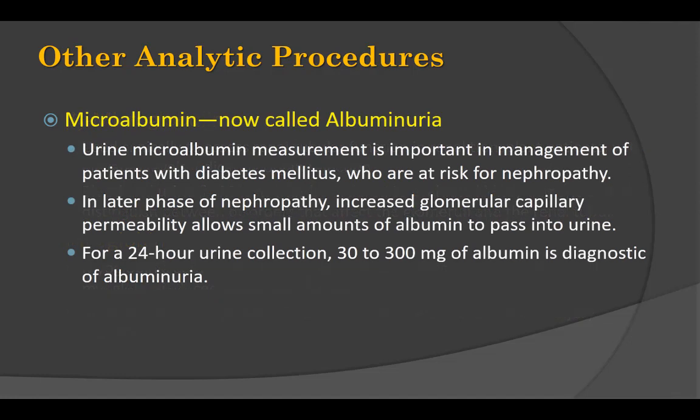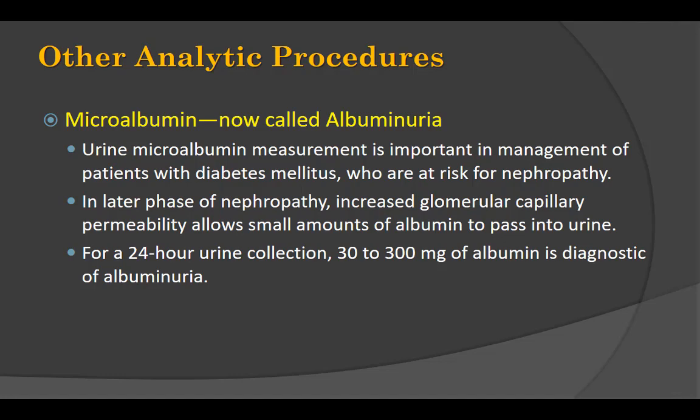Now, another test which is commonly used is called microalbuminuria. Now it is called albuminuria. The micro has been taken away. So albuminuria: presence of albumin in the urine. Okay. It is very important in the management of patients with diabetes mellitus who are at risk of nephropathy. If you remember, diabetes mellitus is a chronic disease and it has a lot of complications.